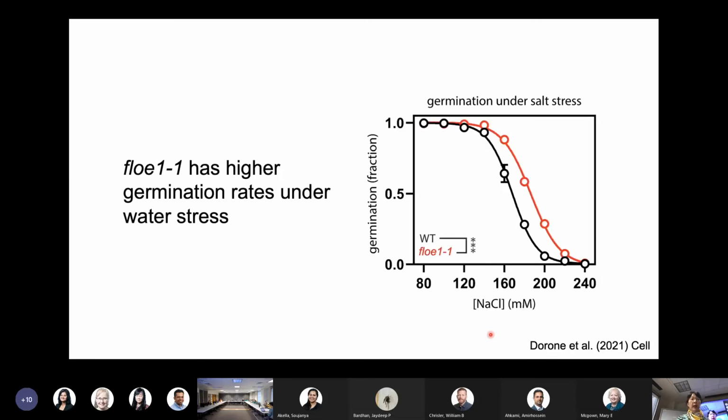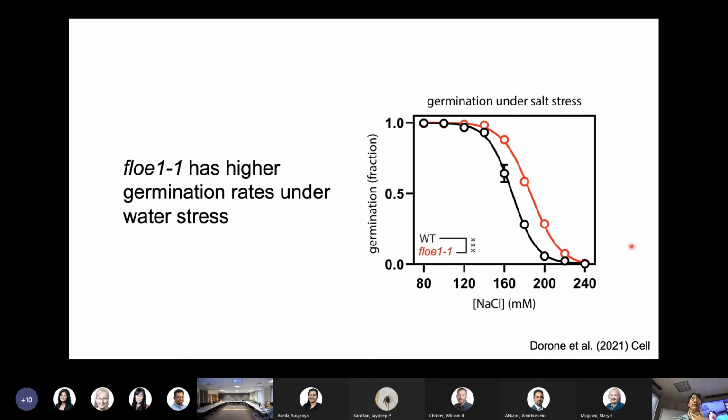And so we looked at germination in the knockout mutant. The black line here is the germination curve in response to increasing amounts of sodium chloride, or decreasing water potential. The black line represents wild type, and the red line represents the knockout mutant.